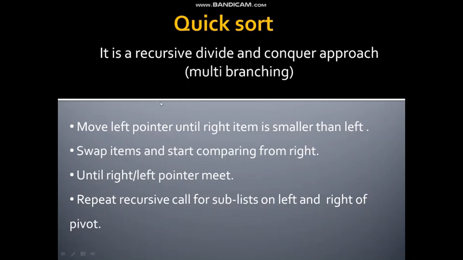Until the right and left pointers meet, we repeat that process. And we will repeat all the recursive calls for each sublist on the left and right of the pivot. Here the pivot is the element for which all the elements left of the pivot are smaller than the pivot and all the elements right of the pivot are greater than the pivot element.